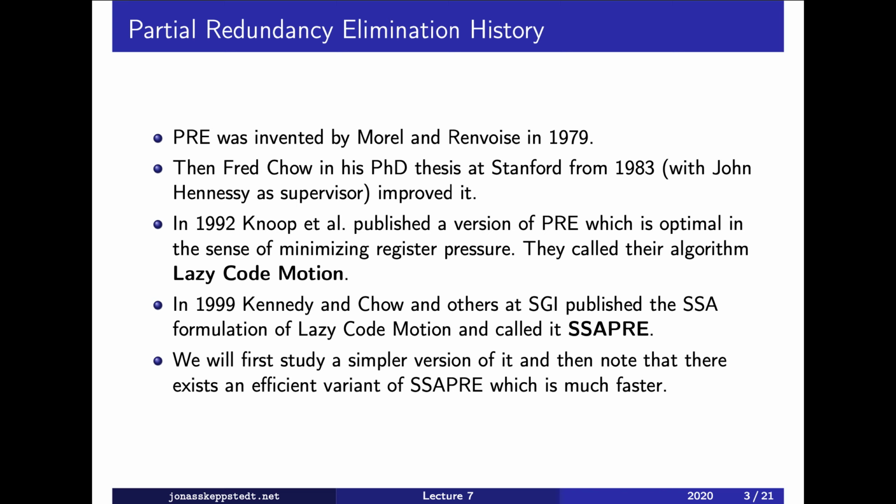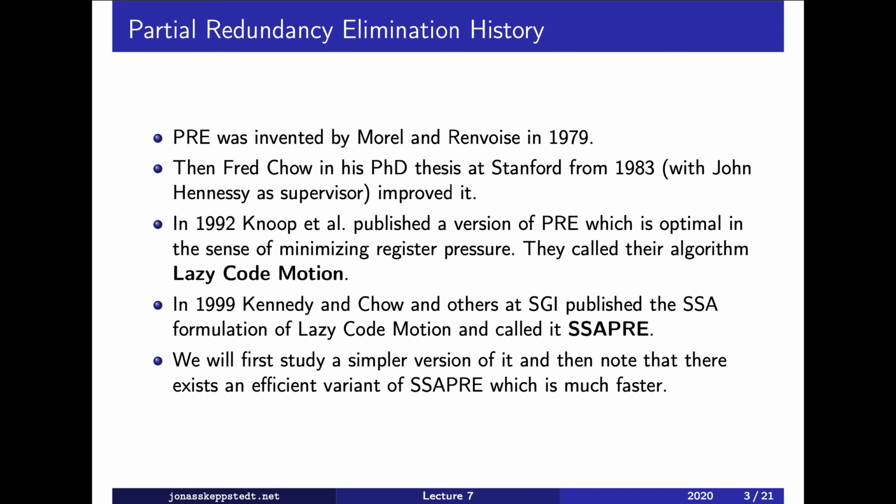All their scalar optimizations except PRE were on SSA form. So what they did was to do lots of optimizations on SSA form, go back from SSA form to non-SSA, and then do PRE, and then translate the program to SSA form again, and continue optimizations. This was obviously not ideal, so they invented an algorithm which can do PRE on SSA form.